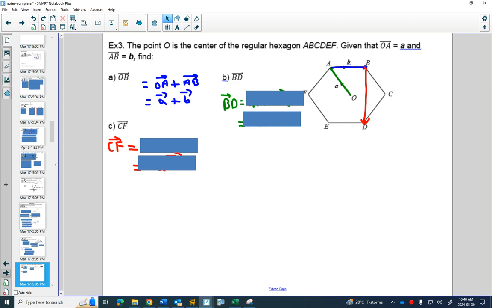One, you could just go back here from B to A, back from A to O. Can you see from A to O, because it's a hexagon, if you kept it going, it would go to the other one. So B to D would be from B to A plus 2 AOs, which would be negative B minus 2A's.